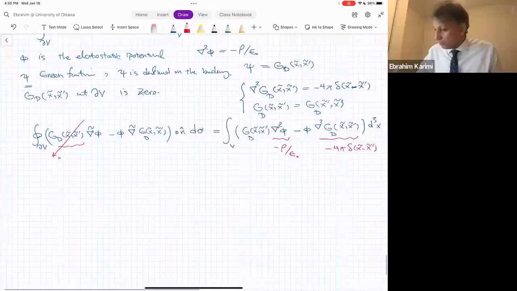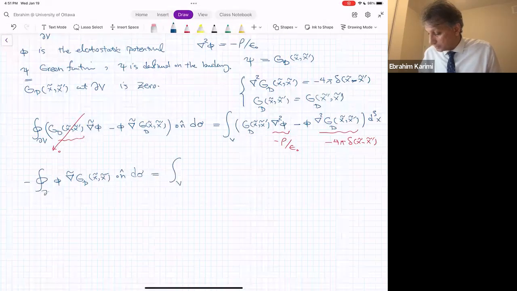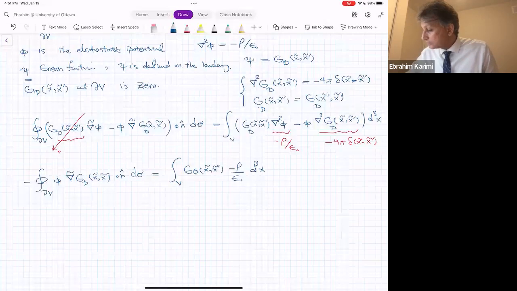Okay. So let's write it down. So I will get the integral of minus phi gradient of GD of x and x prime dot n d sigma, equal to the integral on the volume, plus on the surface, of GD of x and x prime times minus rho divided by epsilon naught d3 of x.